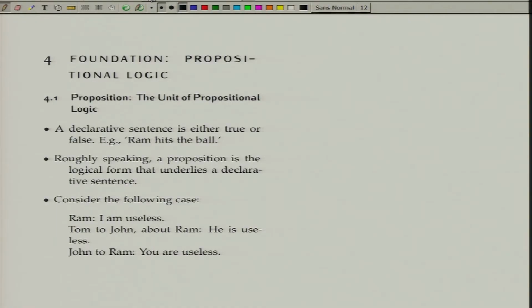So after having studied formal syntax, we now need to understand formal logic. Logic in the Western world started with the works of Aristotle, and in that sense, from the very beginning, logic has been formal.